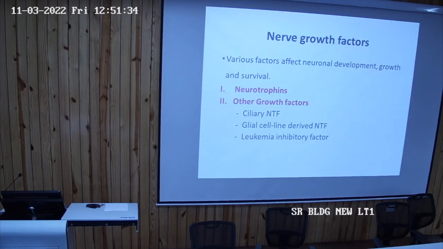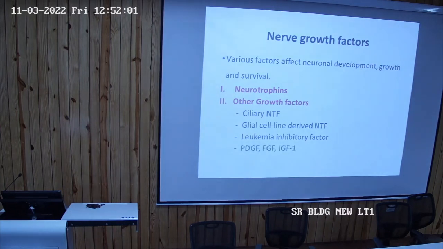Remember, there are neurotrophins. There are other growth factors: ciliary neurotrophic factors, glial cell neurotrophic factors, leukemia inhibitory factors.